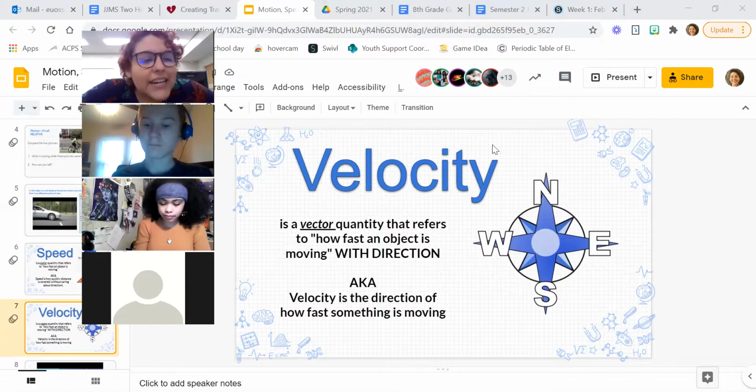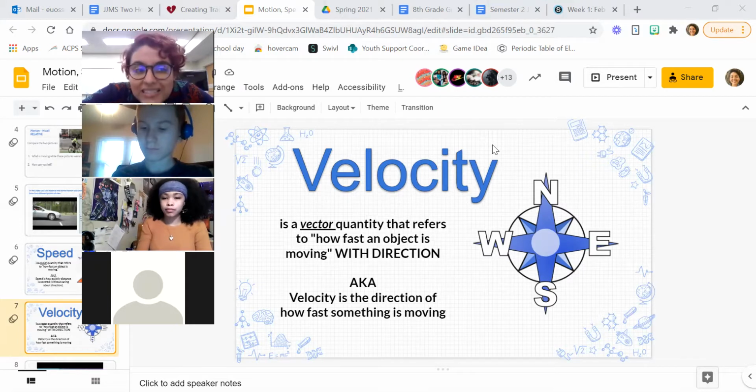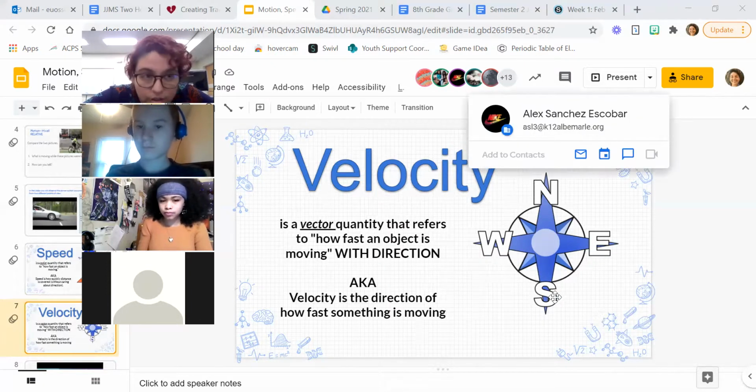All right, so I said speed is scalar, so it's just describing if something's going fast, that's just its speed. But the word velocity is a vector quantity. This is all just vocab. Velocity is vector, and that means how fast something is going with a direction. So I could say that car was driving 3 miles per hour north.